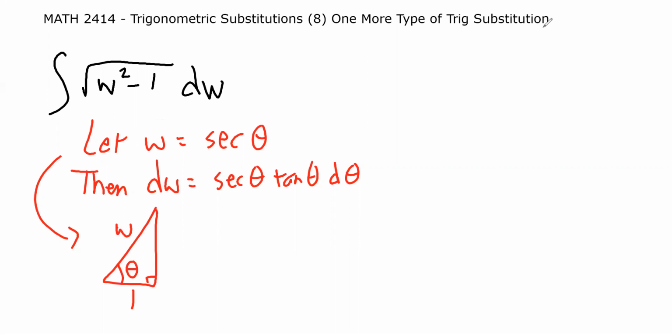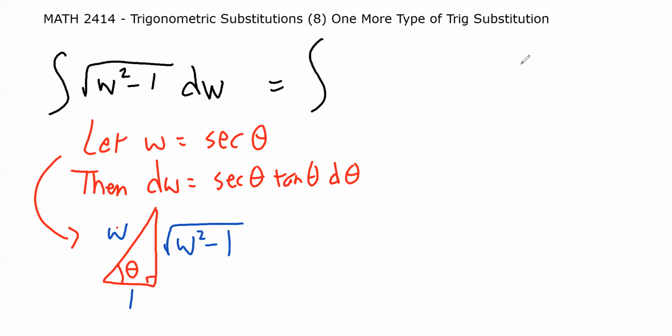We have the correct setup. And in anticipation of using this triangle later, if we did the Pythagorean theorem to find the opposite side, it would be the square root of w squared minus 1, which not coincidentally matches the integrand, with the square root in the integrand.